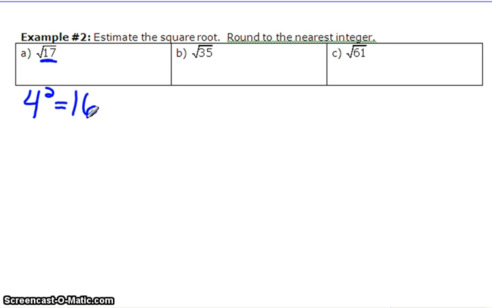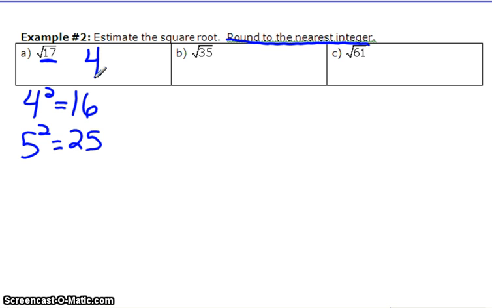So I'm going to go up one number and see what 5 squared is. Well, 5 squared is 5 times 5, which is 25. It asks me to round to the nearest integer, which means the nearest number that's not a fraction. Well, between 16 and 25, I would say that 16 is closer than 17. So I'm going to estimate this square root to be 4.